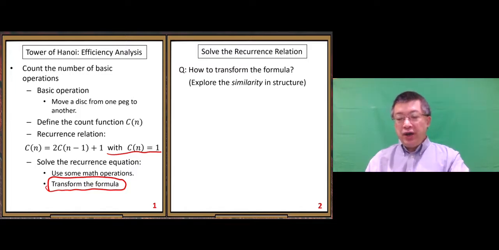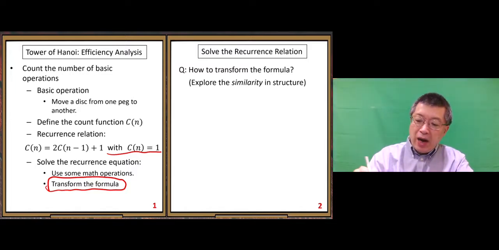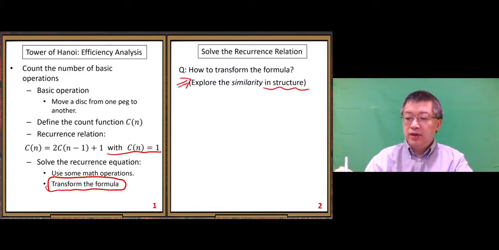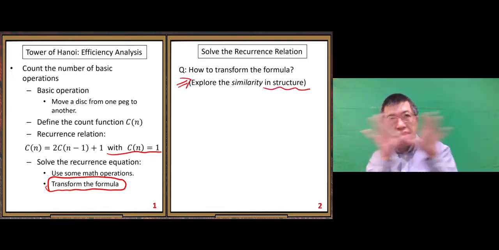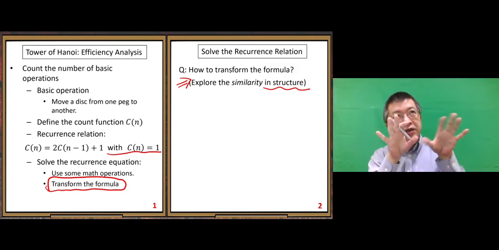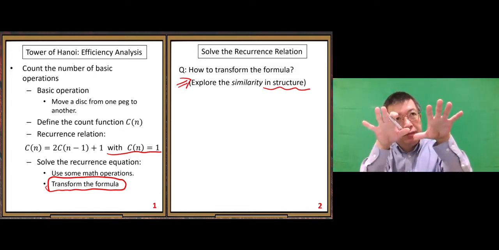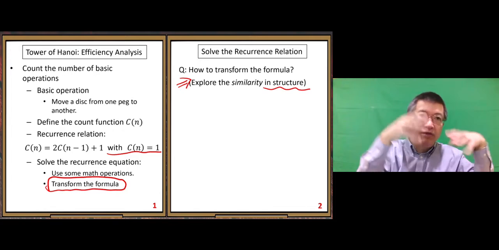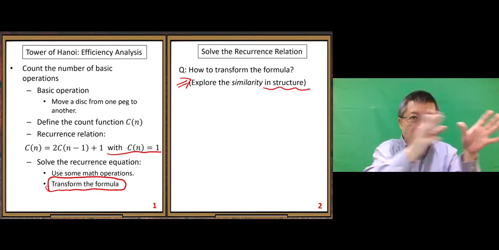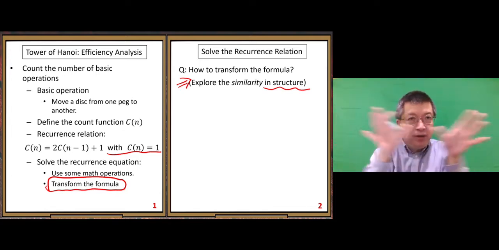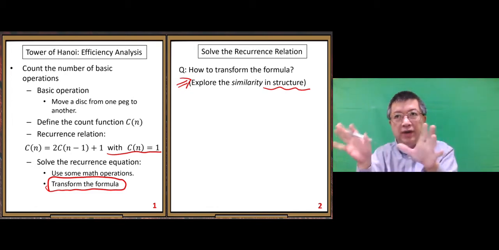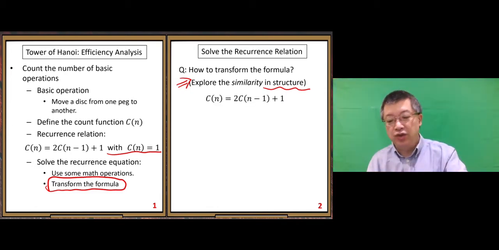The idea we use here: explore the similarity in structure. The formula has some special structure. You need to explore that. Mainly, you want to focus on the similarities in the structure.